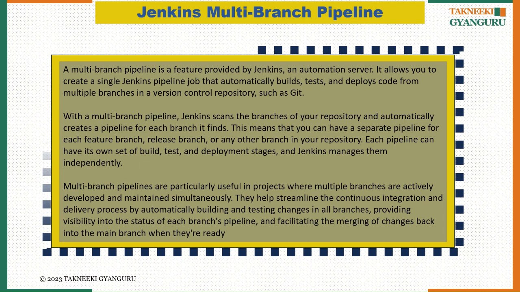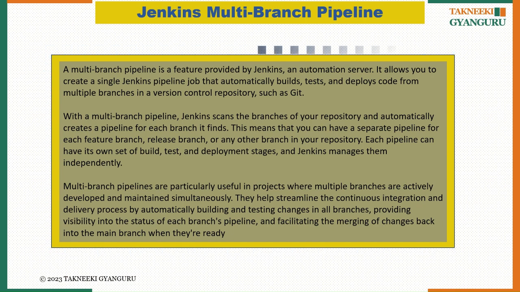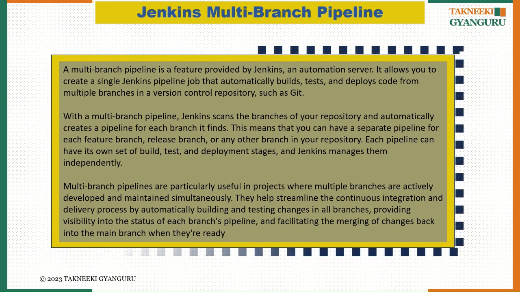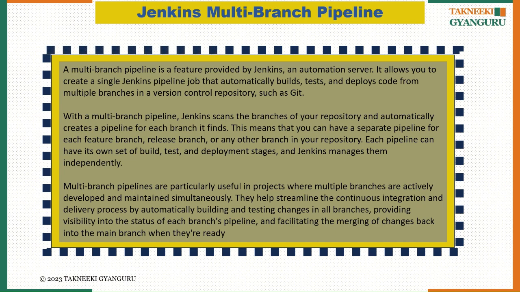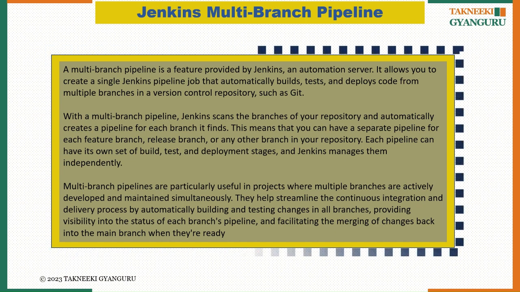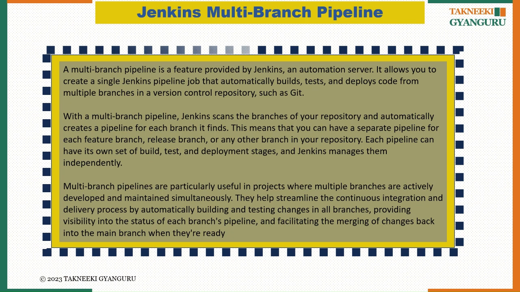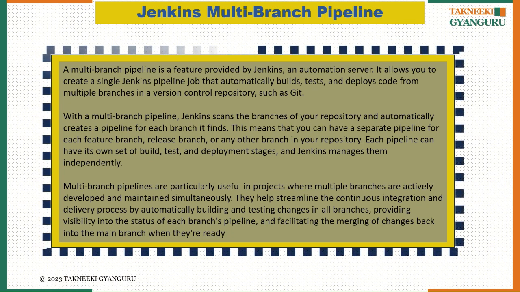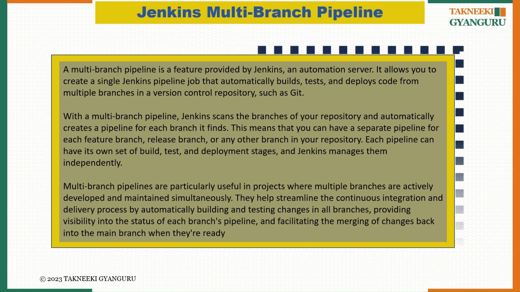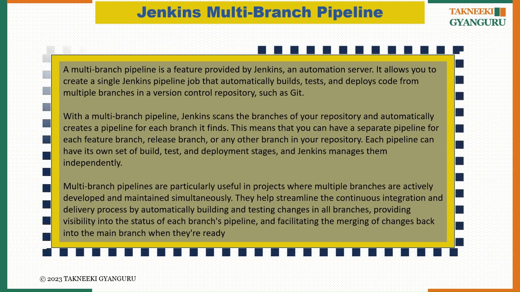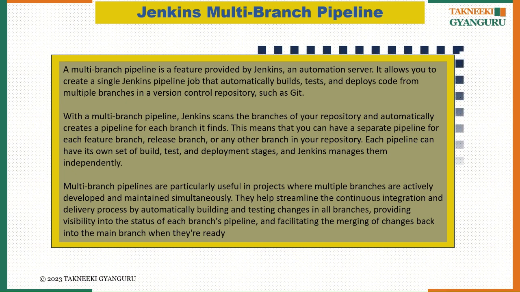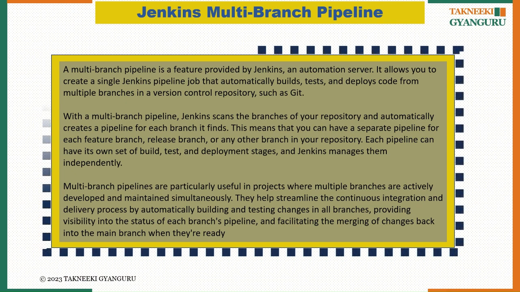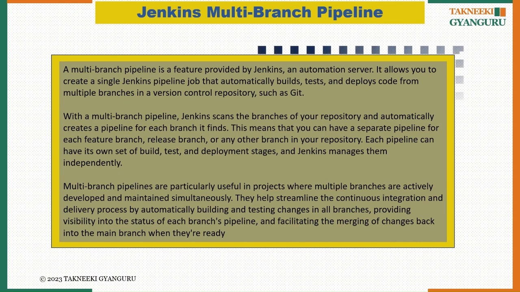So suppose you have the main branch and the feature one branch. It will create two pipelines, and these pipelines will be separate. You can run the main branch as well as the feature one, and as soon as you create a new branch in your repository, such as branch 2, Jenkins will automatically scan and create another pipeline, and you can run that pipeline separately.